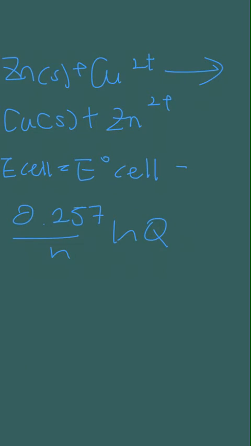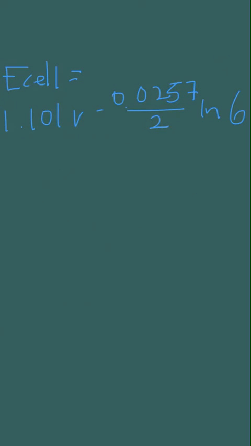Now we have one final step until we can calculate E cell. We need to know n, which is how many moles of electrons are transferred in the overall reaction. We see that zinc becomes zinc 2 plus, and that copper 2 plus becomes copper solid. Therefore, we know that n is equal to 2.